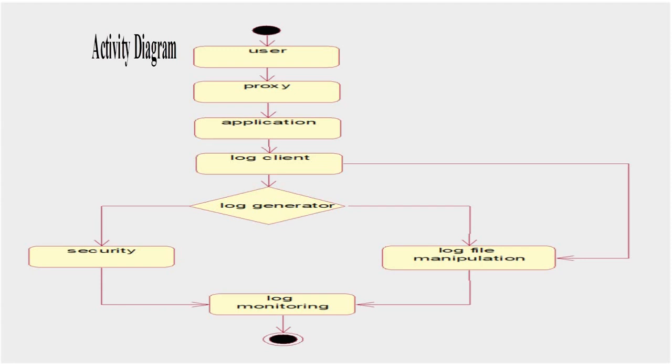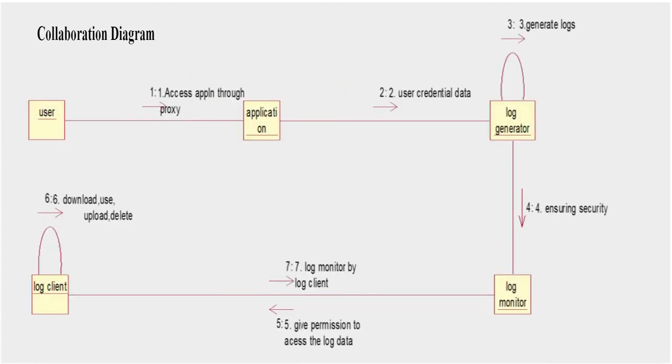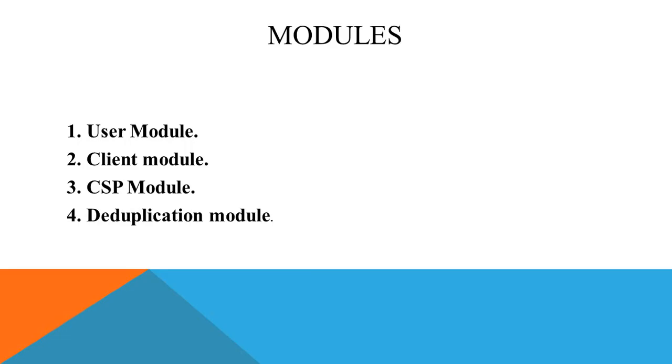This is how the activity goes step by step. This is the activity actually provided in our system. This is the collaboration diagram. As we have seen, the 7 phases of this process make up our project.